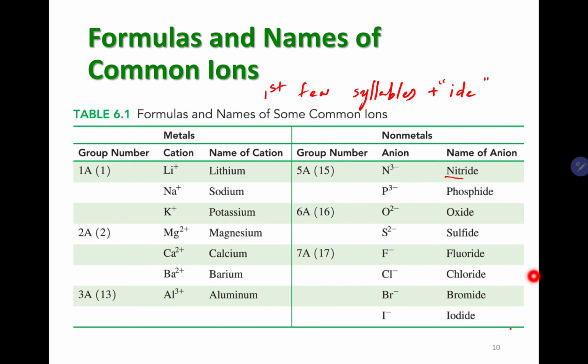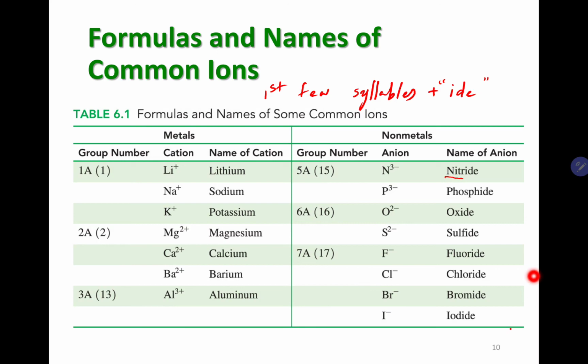Nitrogen will be nitride, phosphorus anion will be phosphide, oxygen anion oxide, sulfide, fluoride, chloride, bromide, and iodide. That is how you name it. You take the first few syllables of the element name and put "ide" at the end to get the common anion names.